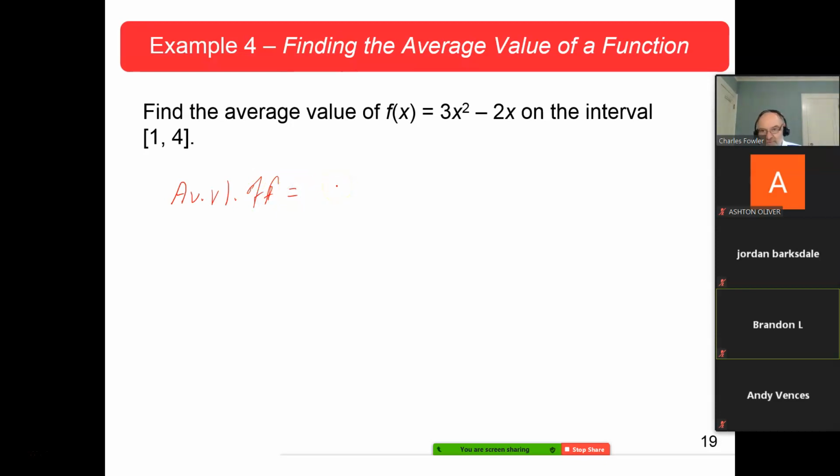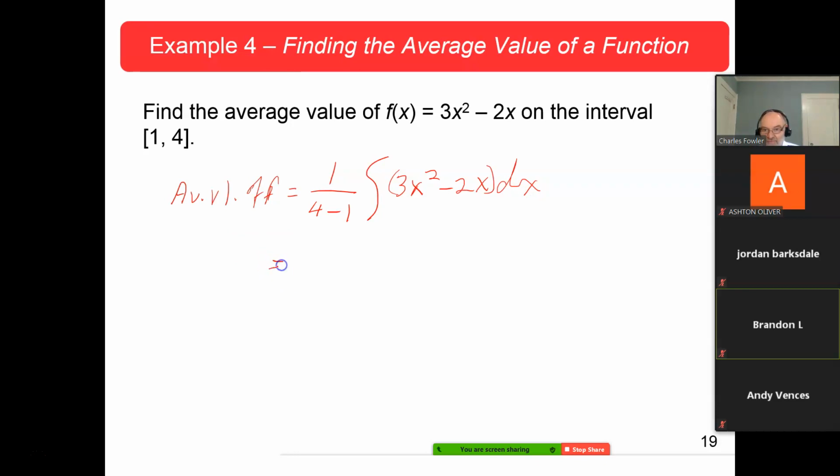You could do that. That's a lot easier to write. That would be 1 over b minus a. Here's your a, there's your b, so this would be 1 over 4 minus 1 times the integral of your f of x, 3x squared minus 2x, I'll put them in parentheses, dx. That's simply what we said it was.